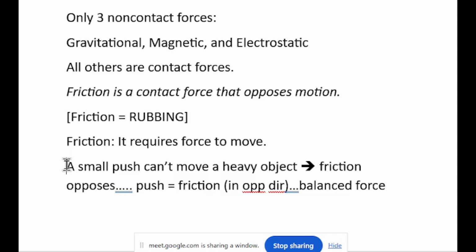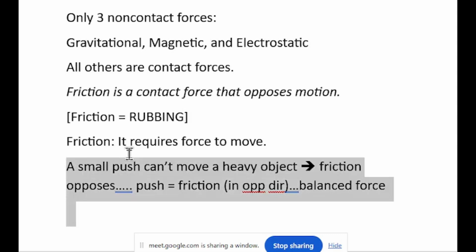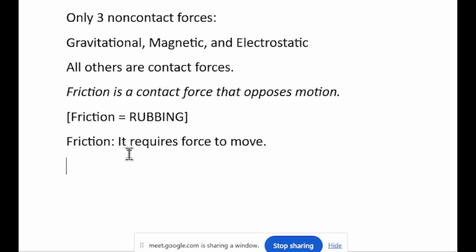If there is no friction, with one finger I can move a heavy lorry. Maybe it will move slowly, but I can move it. But it is friction. When my push is equal and opposite to the friction, then they become a pair of balanced forces, so they won't move. So it is friction which stops the motion. Okay? So that is the first effect.